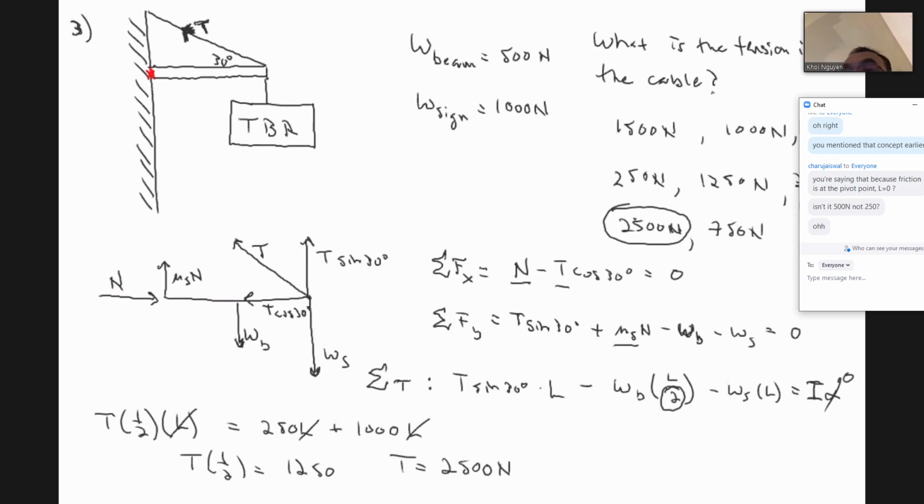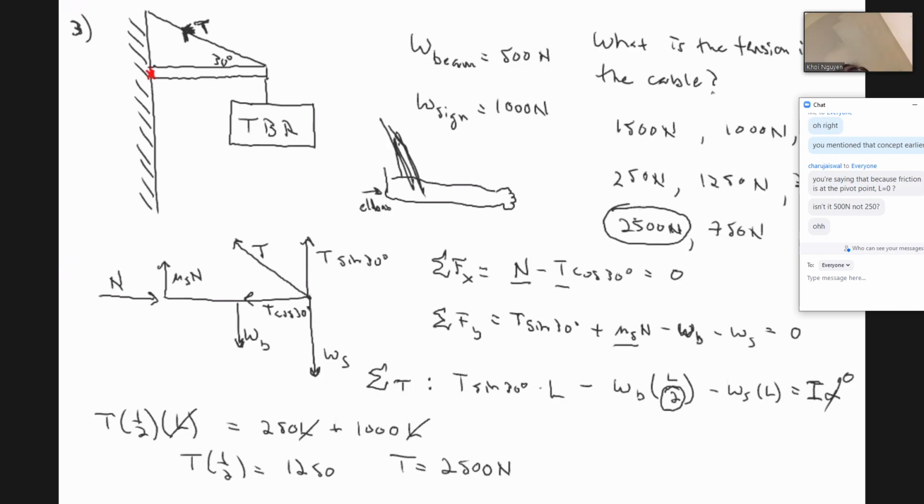Well, instead of calling that a beam, let's call this the forearm. Instead of calling it the wall, let's call this the elbow, because that's our pivot point now. And instead of calling it tension, let's call these ligaments that are attached here.